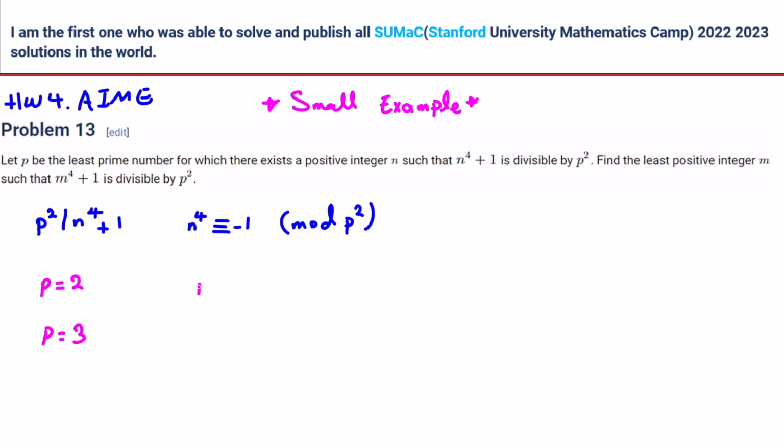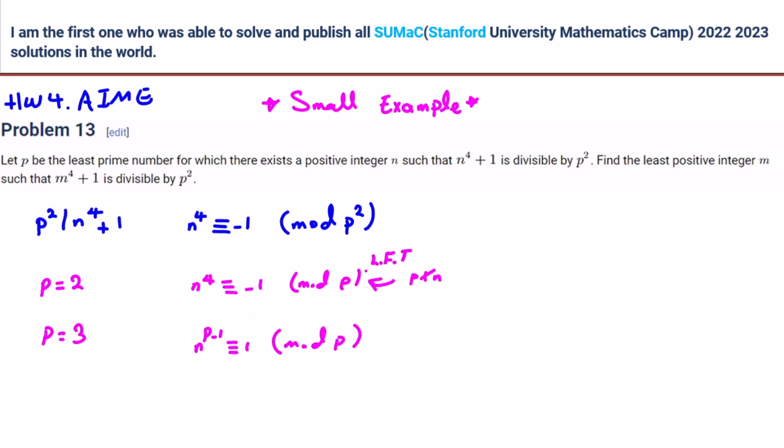And Fermat's little theorem says that p divides n to the p minus 1 minus 1, so n to the p minus 1 is 1 mod p. And p doesn't divide n, obviously, because if p divides n, then p divides 1, right?